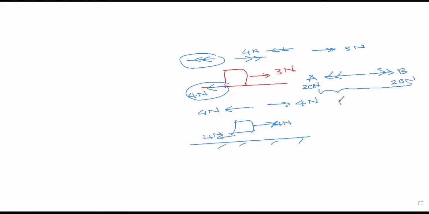For this we call it balanced force. So in case there is a balanced force, children, the object will not move. Why? When there is a balanced force, the resultant is 0.